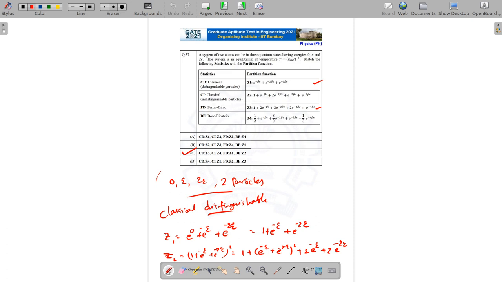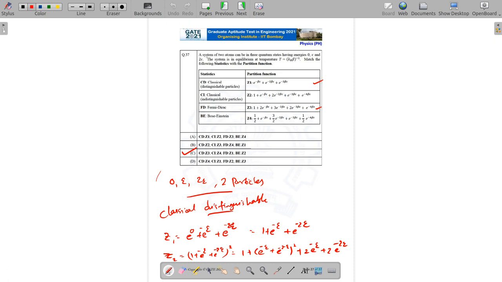A system of two atoms can be in three quantum states having energies 0, epsilon and 2 epsilon. The system is in equilibrium at temperature T, again beta equals 1 by kBT. Match the following statistics with the partition function.